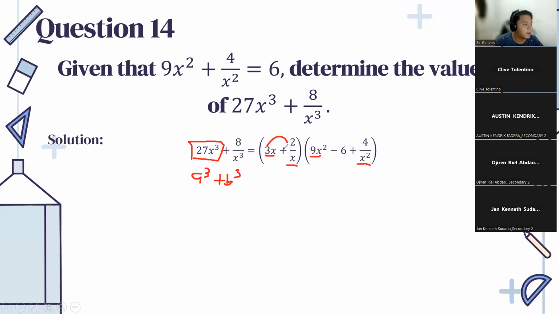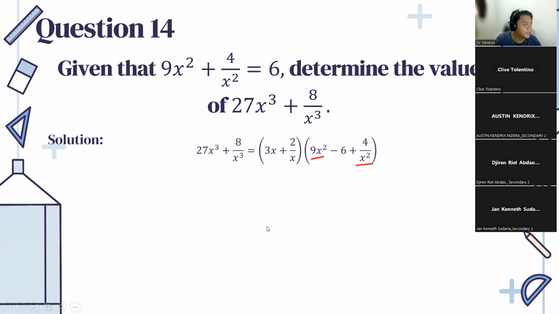And since we are talking about sum of cubes, then the middle term should have a negative sign right here. So that will be 3x plus 2 over x multiplied by 9x squared minus 6 plus 4 over x squared. Okay, now it says here 9x squared plus 4 over x squared is equal to 6, which is this one.